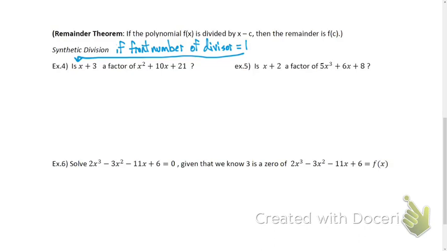If it's not a 1, I do long division because it gets really weird. All right, so what you do is you write that 3 as a -3 in a bracket. I have a front number here of 1. I have a 10, and I have a 21. So I'm going to rewrite those numbers to the right of the bracket.